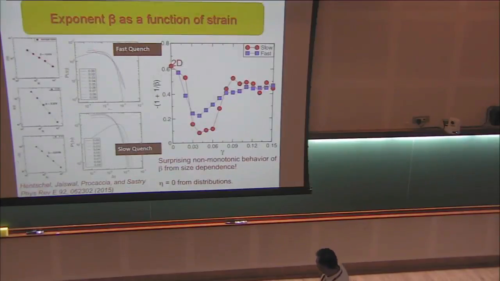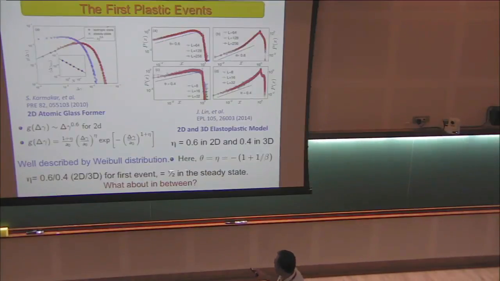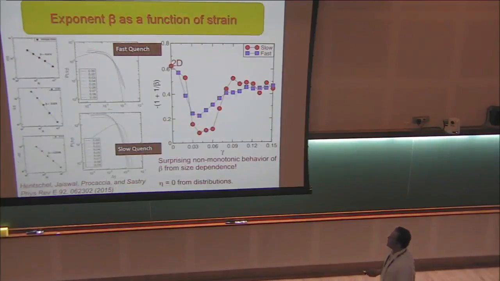But the question that we can ask is what happens in between the first event and the steady state? And here there's something interesting. When I look at this exponent which comes from the system size dependence, what I find is a very surprising, at least to me, non-monotonic dependence of this exponent that describes the size dependence of the mean interval between plastic rearrangements.